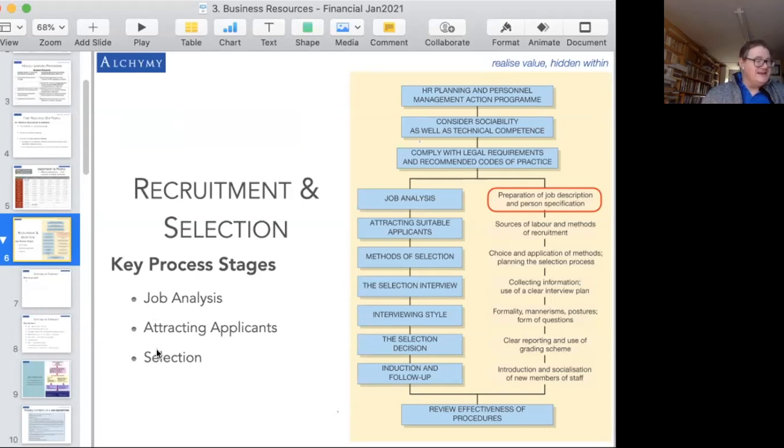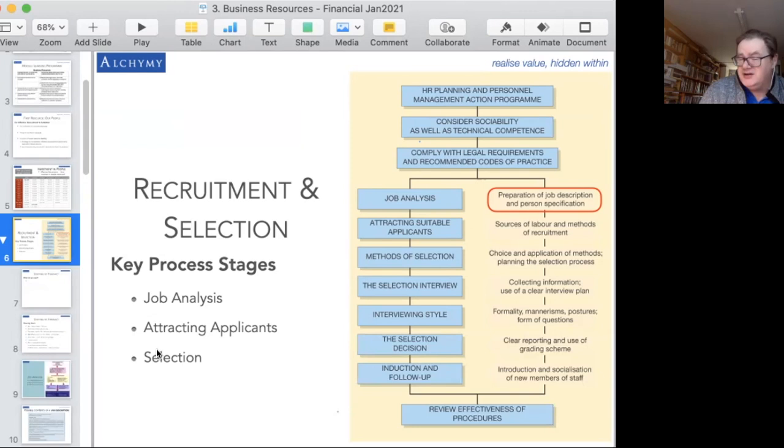So recruitment is a different function. It feeds selection, but selection is quite a different process. So we talk about recruitment and selection a lot, but we need to be clear they're two separate processes. One leads into the other for sure, but they're two completely different things.